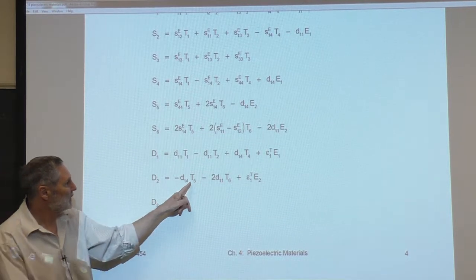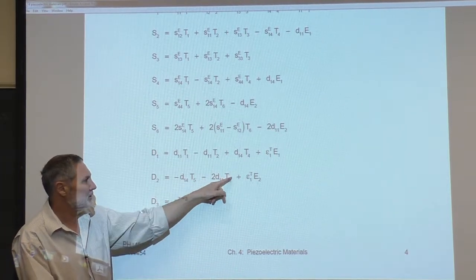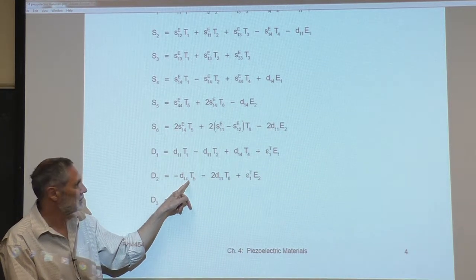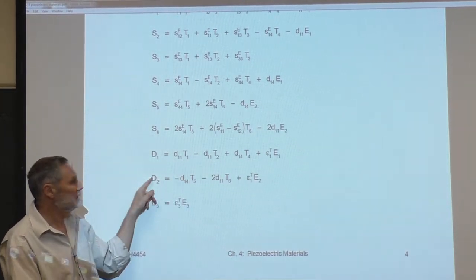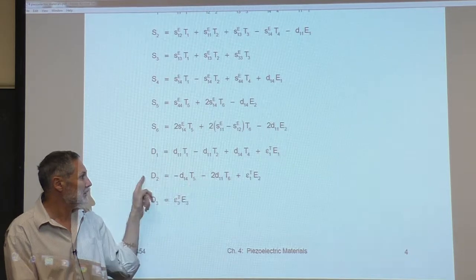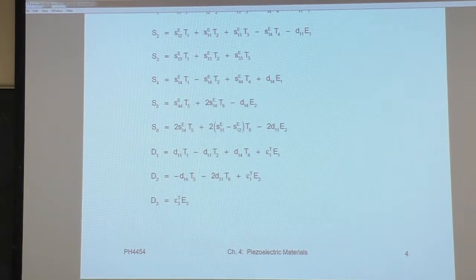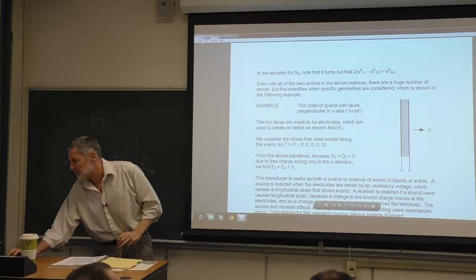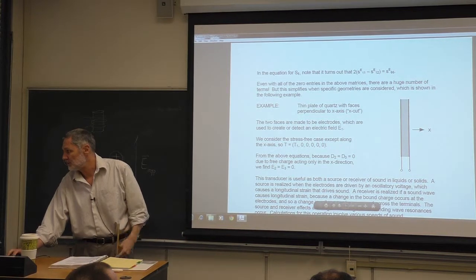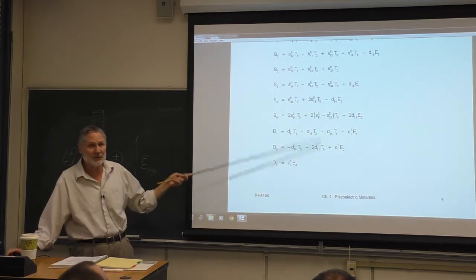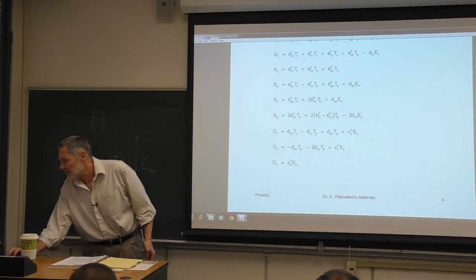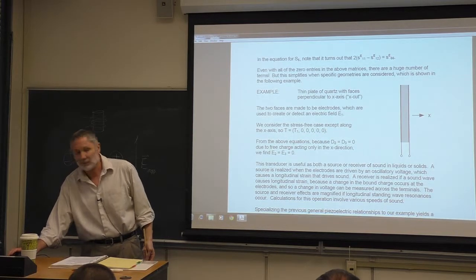And because we have no shear stress, we only have one stress in the one direction, the X direction. You can see that E2 will have to be equal to 0, because D2 has to be 0. So that's nice. You always want to look for these simplifications, because nobody wants to deal with this unless you absolutely have to. And then, like I said, you're going to probably have to shove it on a computer.